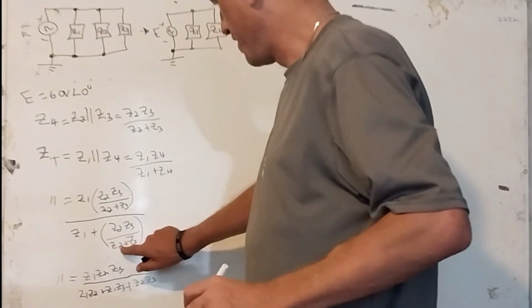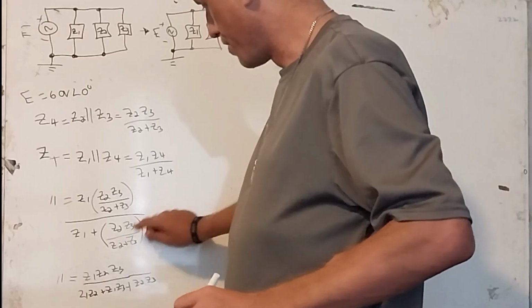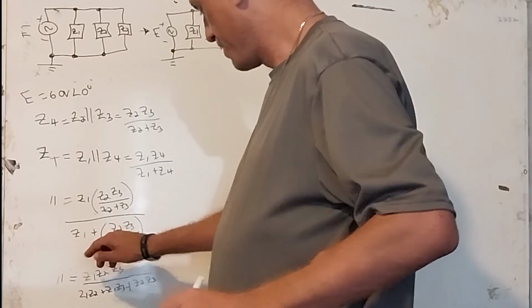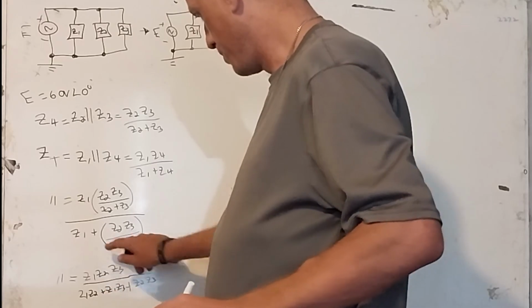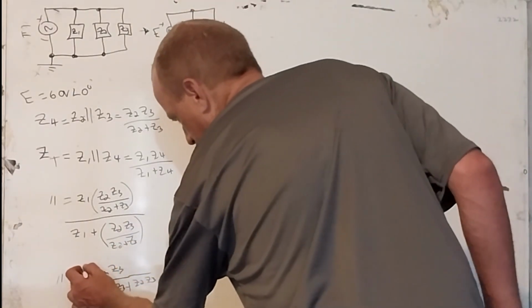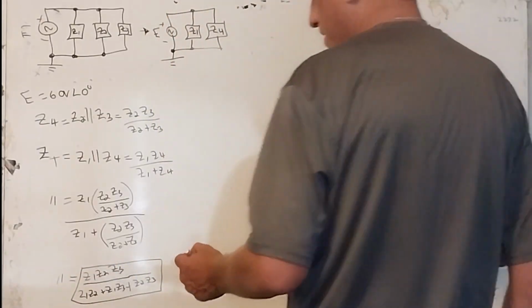Because we'll multiply this expression times this and times this. This denominator goes away and we're left with this. But this times this, we get Z1 times Z2 and Z1 times Z3. And then this expression is what's left. This is actually the total expression we need in order to solve for Z sub t.